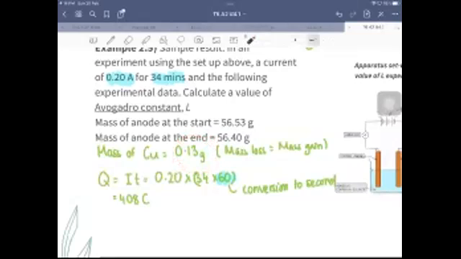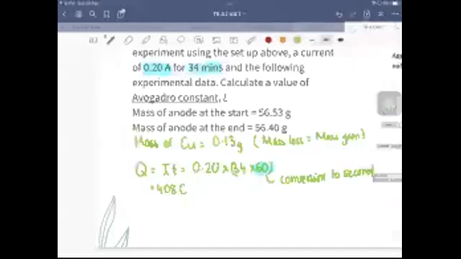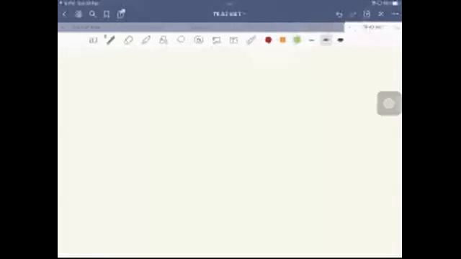Okay. So I think I will need a blank page. Okay, so that means copper produced is 0.13 grams.